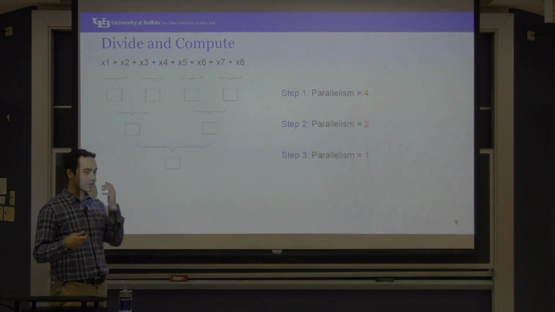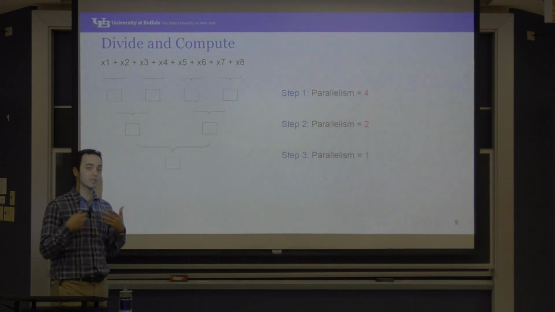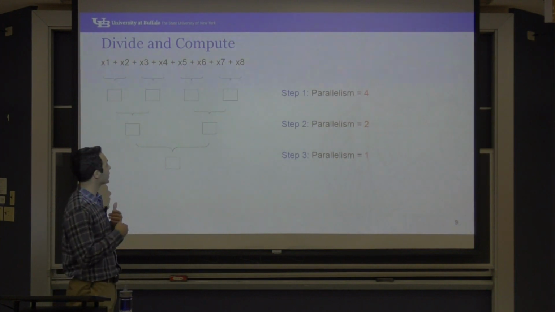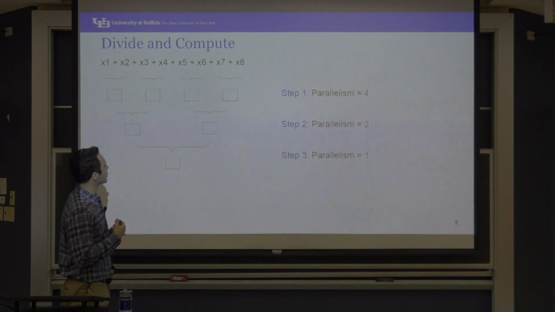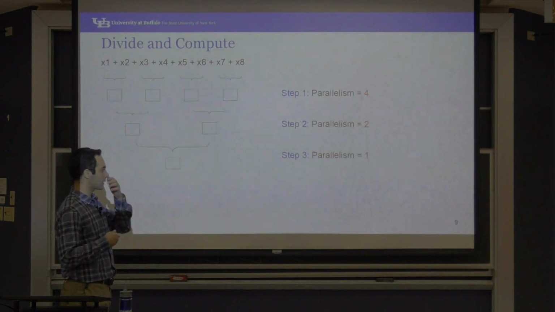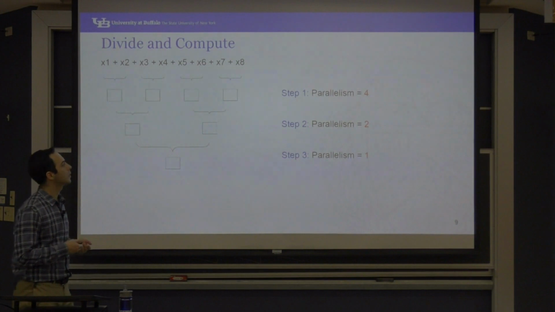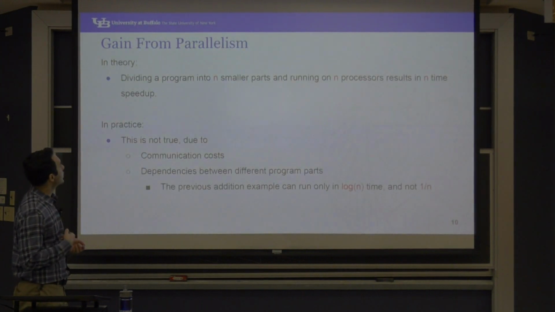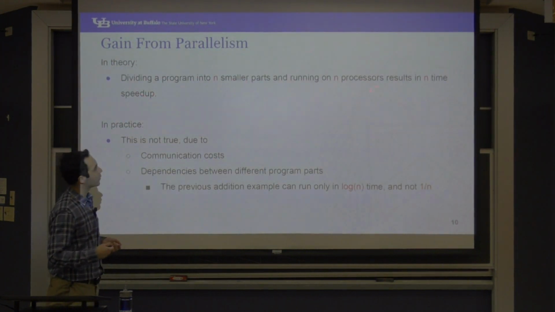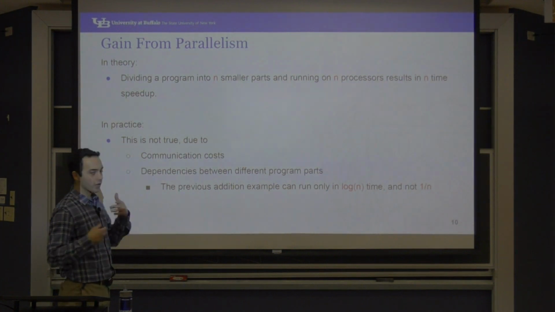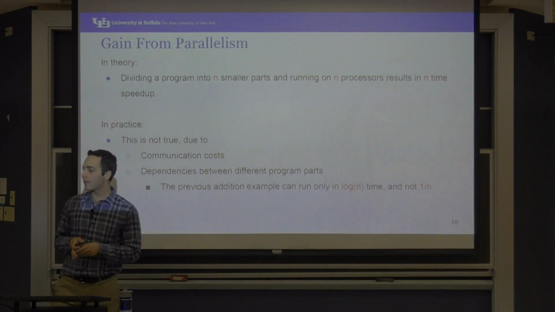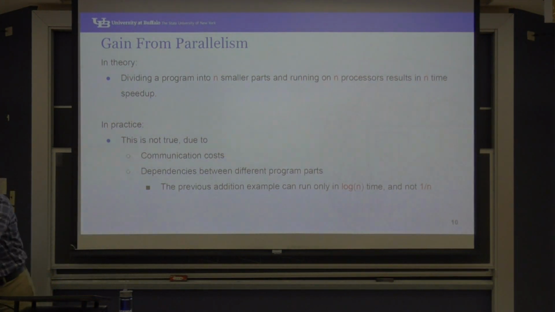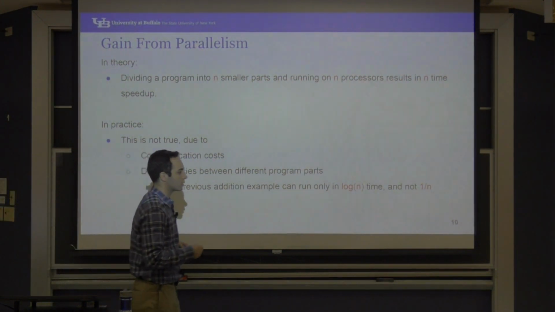So the 7 steps can come down to 3 steps. All 7 additions are still happening, it's just that it gets done much faster, in 3 steps. So in theory, if we have n processors and we can divide our job into n smaller chunks, then we can run it n times faster.